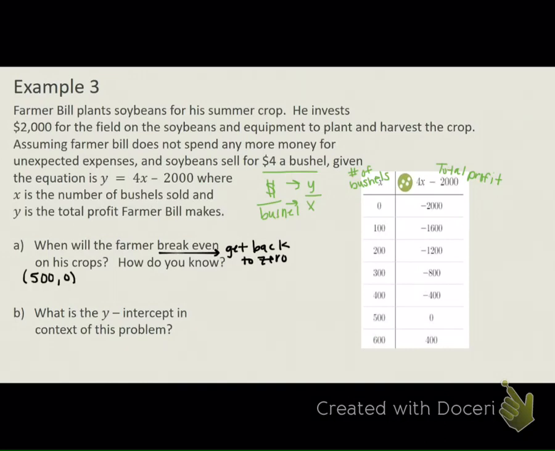And how do you know that? Because of the table, right? That means he has $0 at that point. So this means that after he sells 500 bushels, he breaks even.